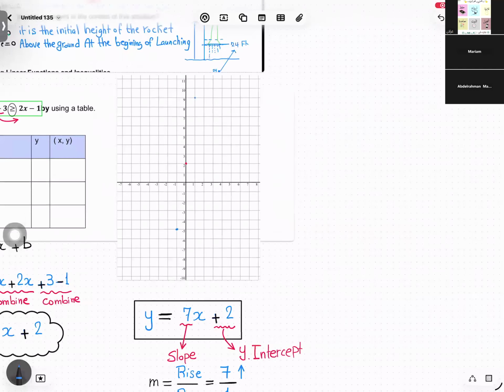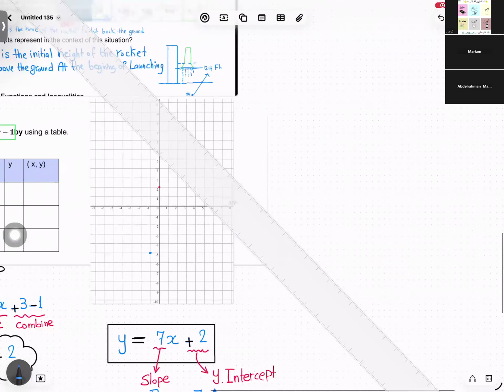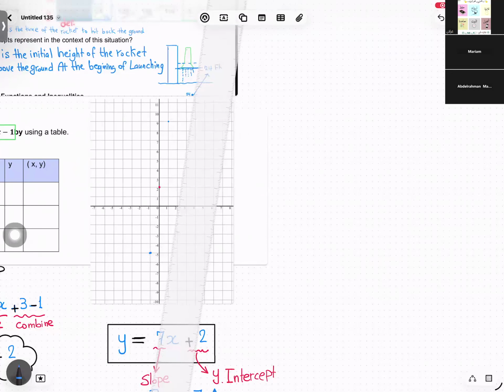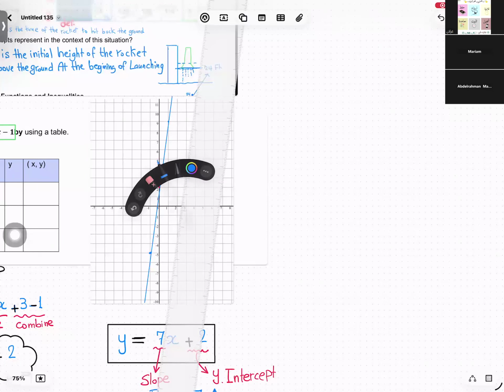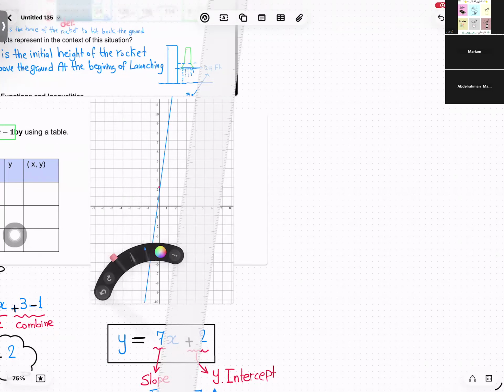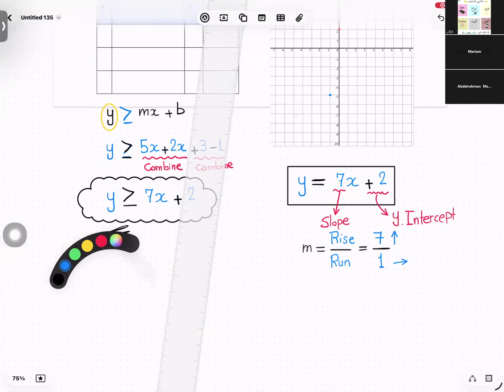Now, before joining the line, we need to check two things. We either draw a continuous line without any gaps, or a dashed line, which means dashed dots. How do we know which one? The inequality sign tells us.